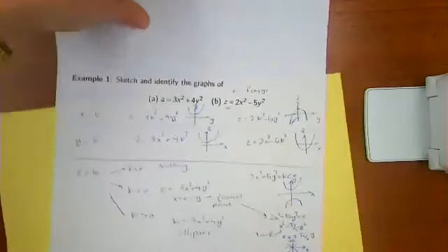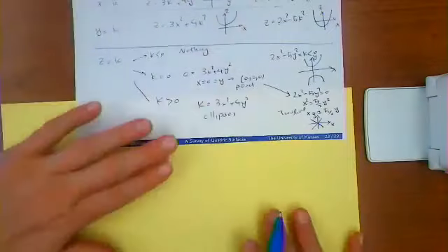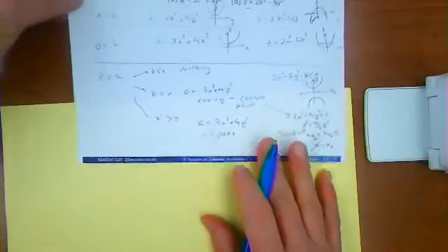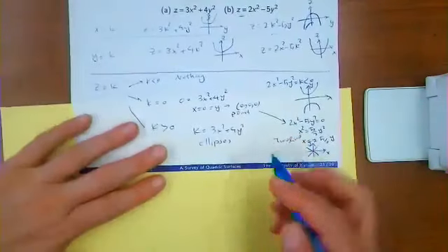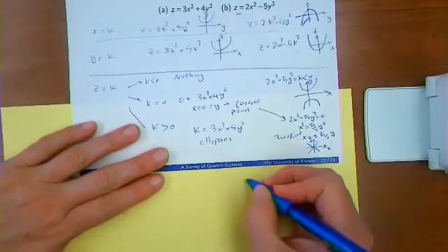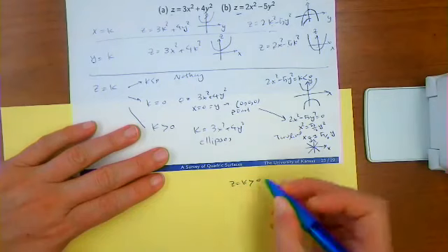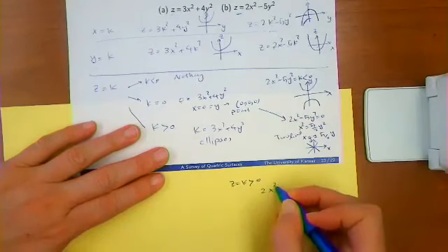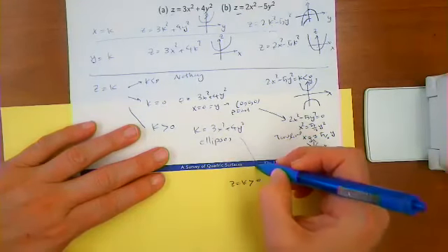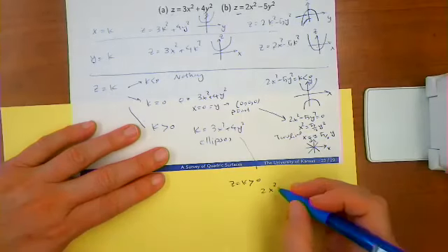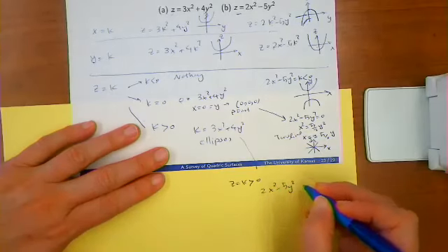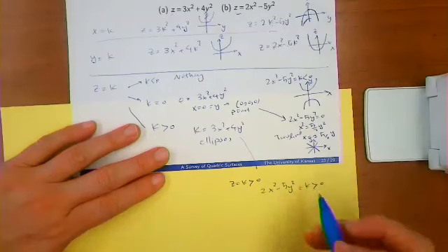What is remaining in this part is when z is equal to k and k is bigger than 0, then I will have 2x squared minus 5y squared equal to k bigger than 0.